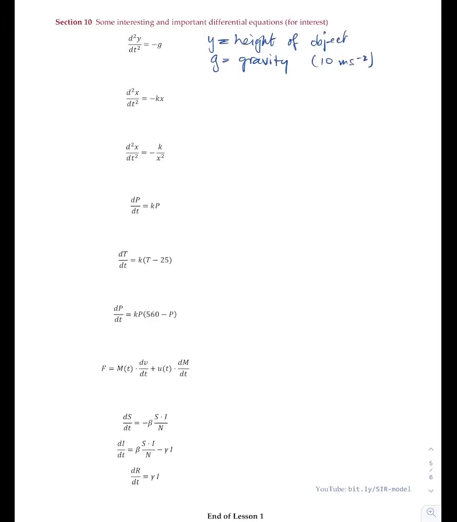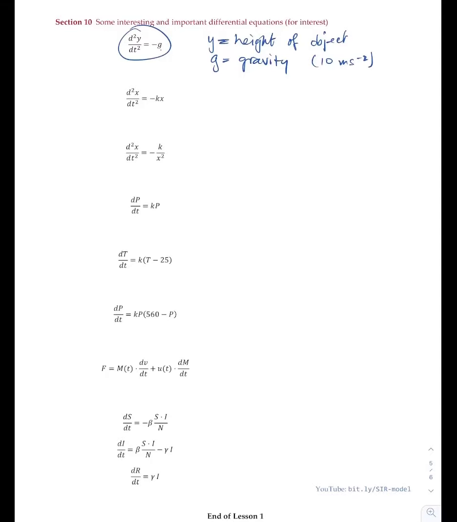And that's the only equation needed. If you throw the object straight up and it comes straight down, this is the only equation needed to describe what's happening. You're simply saying that the acceleration of the object is negative, towards the ground, g. And from that you can derive the velocity and the displacement.